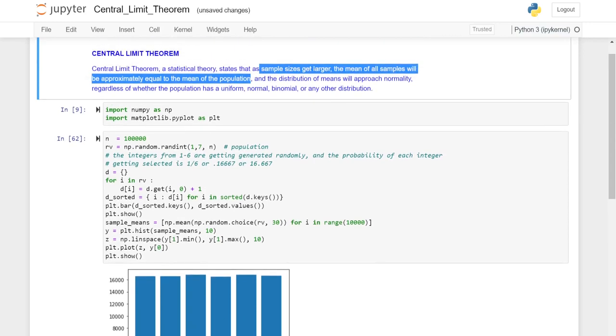It is basically saying no matter what sort of distribution your population belongs to, when you take the distribution of sample means, it will give you a bell curve. It will be normally distributed. That is what it means.